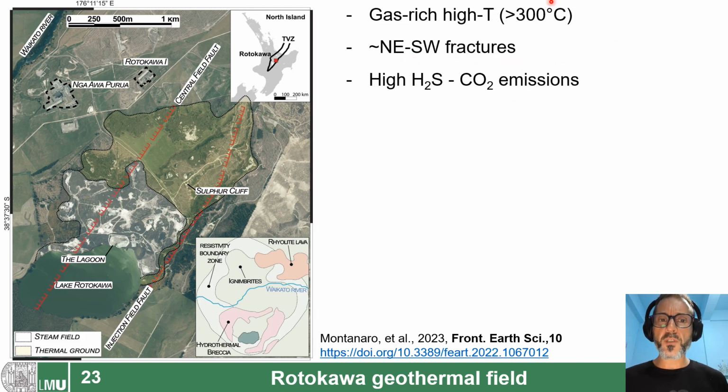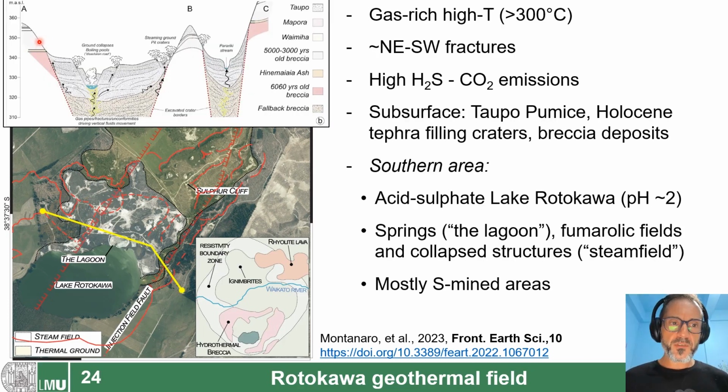The mixing of shallow boiling fluids and groundwater creates acid sulfate and bicarbonate fluids, which lead to the deposition of native sulfur and a variety of minerals which can be found in Rotokawa. The subsurface geology includes the Taupo pumice, which was erupted by the last Lake Taupo eruption and, together with some Holocene tephra, is mantling or filling up the craters of older hydrothermal eruptions.